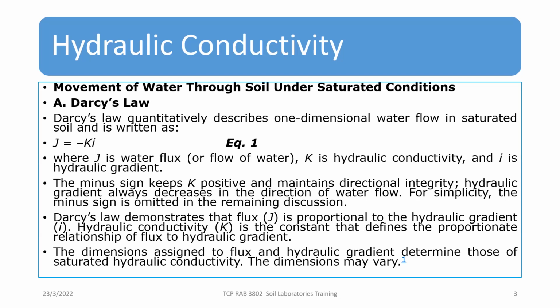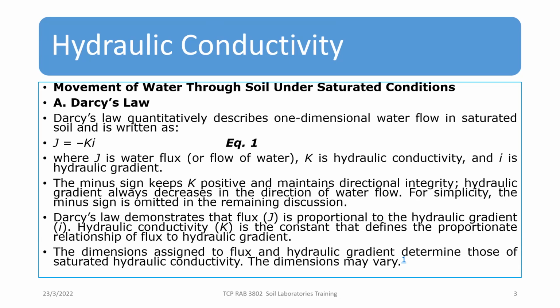The minus sign keeps K positive and maintains directional integrity, and the hydraulic gradient always decreases in the direction of the water flow. For simplicity, the minus sign is omitted in the remaining discussion.